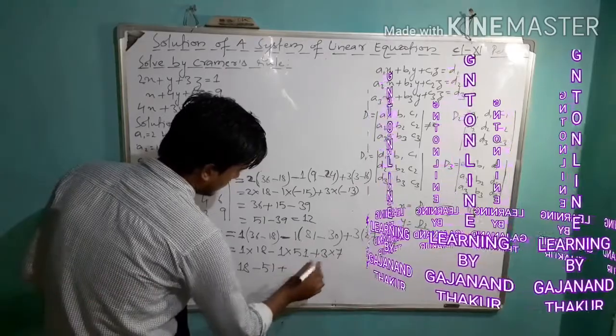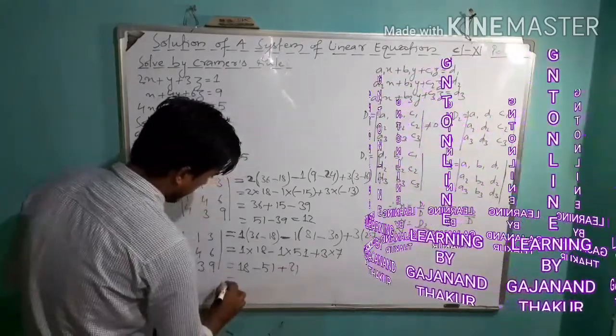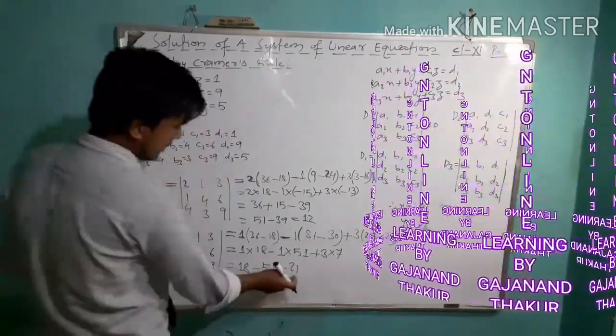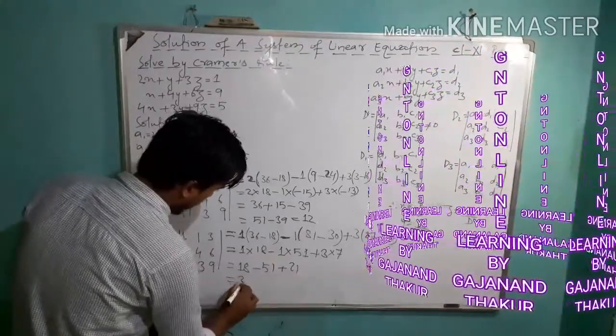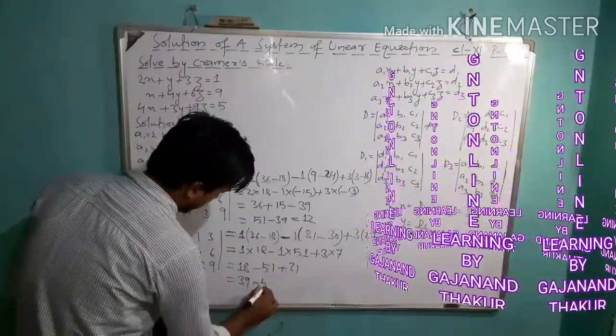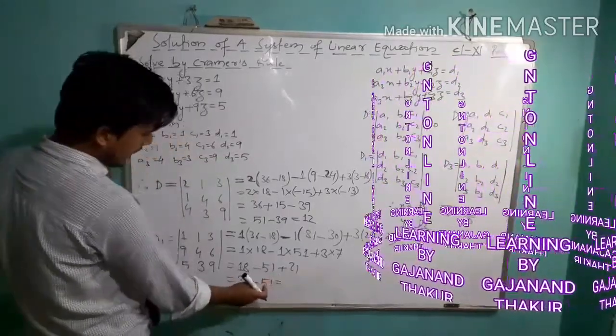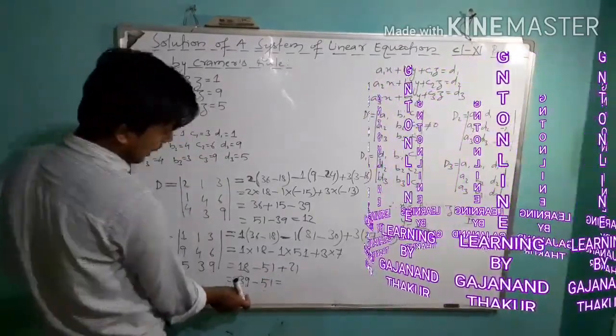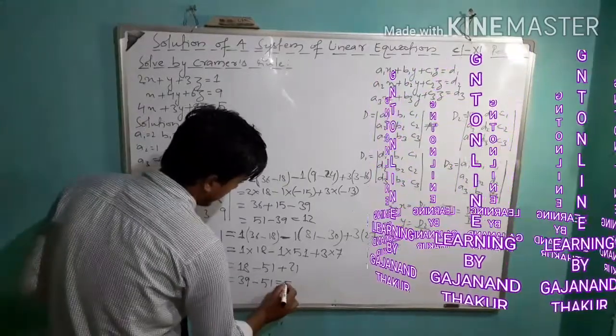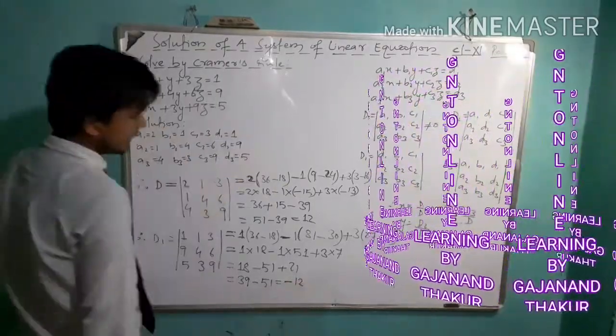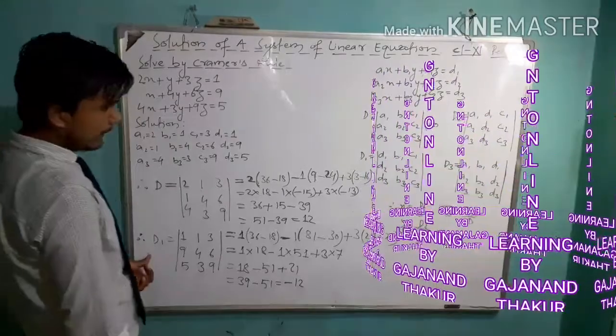Plus 3 sevens are 21, right? Now we have 18 plus 21, so how much will we have? We'll have 39 minus 51 equals, so how much will we get here? We'll get minus 12, right? So we got the value of D1.